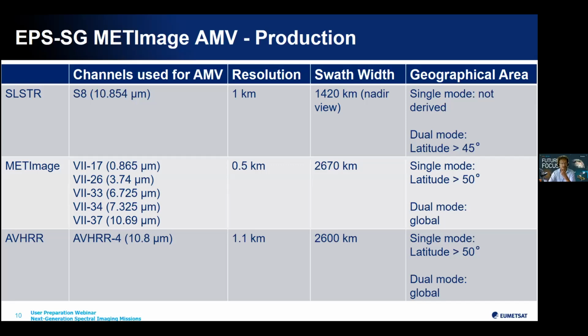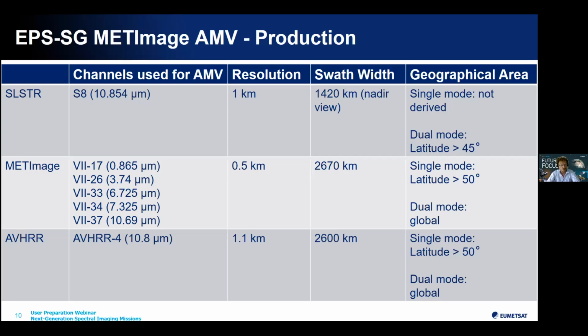On this slide, I summarized the characteristics of AMV production for SLSTR, METimage, and AVHRR. You can see information on the resolution, on the swath width, and geographical area where the AMVs are extracted.